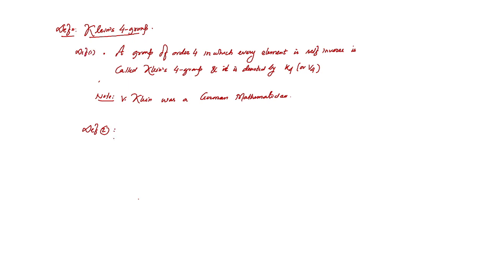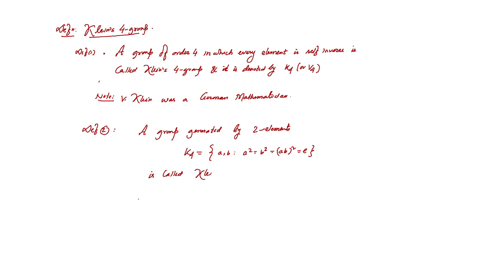We can define it in another way: K4, a group generated by two elements a, b, such that a square equals b square equals (ab) whole square equals e, where e is the identity, is called Klein's group.